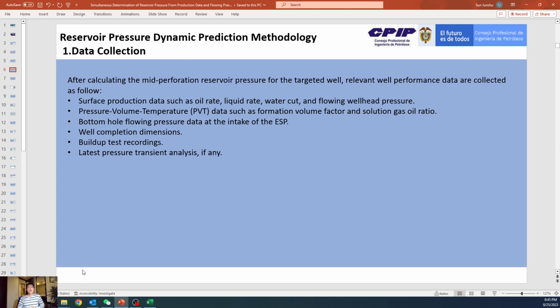Pressure volume temperature data, such as formation volume factor and the solution gas oil ratio. Bottom hole flowing pressure data at the intake of the ESP. Well completion dimensions. Build-up test recordings. Latest pressure transient analysis, if there is any.